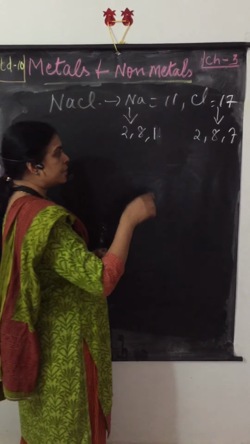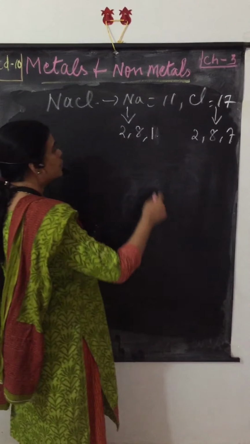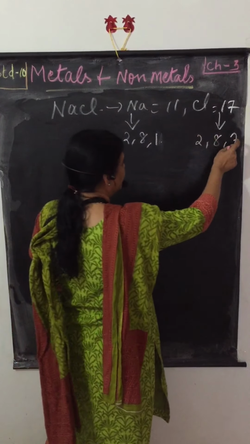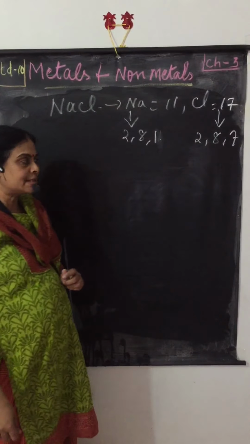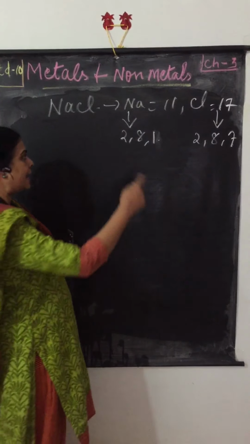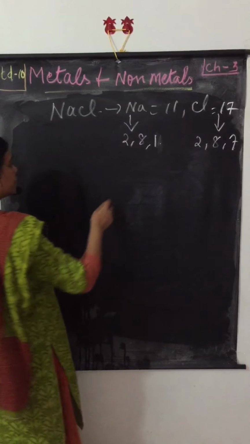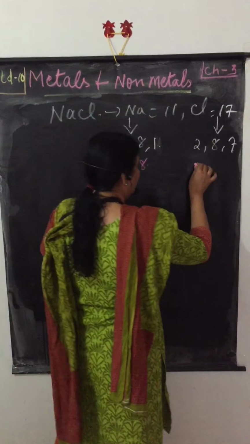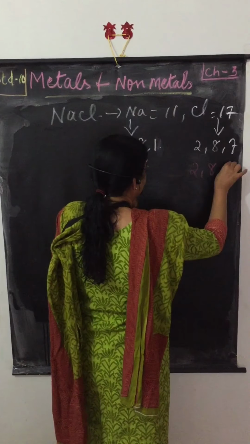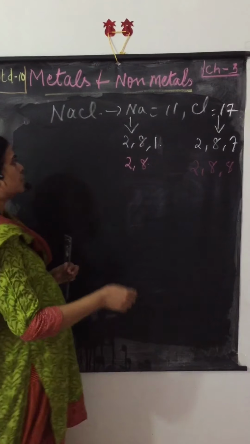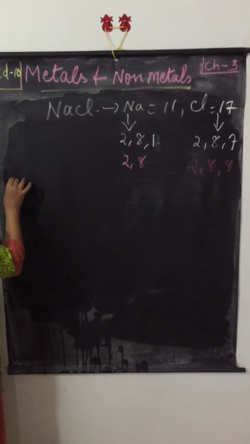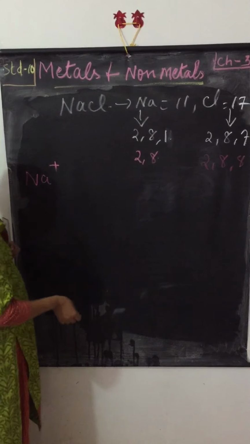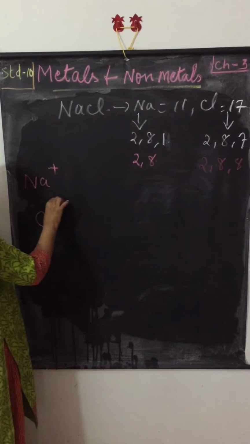In order to form a stable configuration, sodium will lose one electron and give it to chlorine, and chlorine will accept that electron. So the electronic configuration of sodium becomes 2, 8 and chlorine becomes 2, 8, 8. So sodium gets converted into sodium ion Na+ and chlorine becomes Cl- ion.